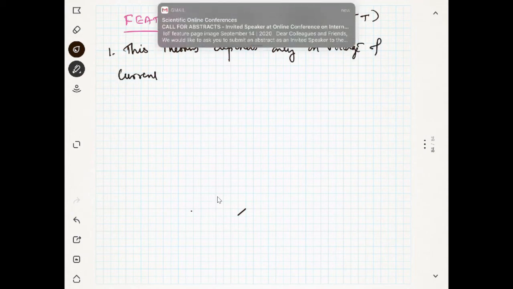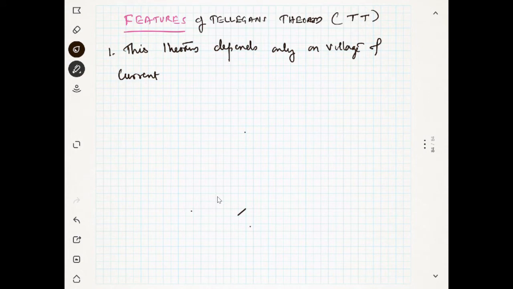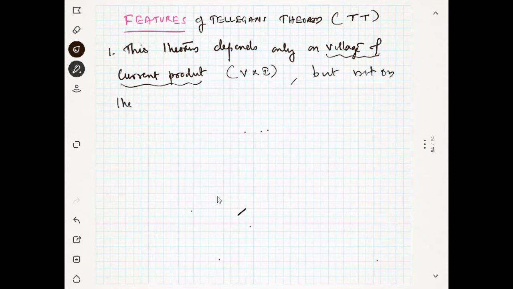It will depend only on the product of voltage and current, that means the voltage multiplied by current, but not on the type of element.